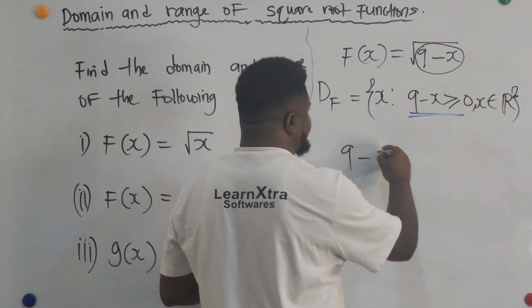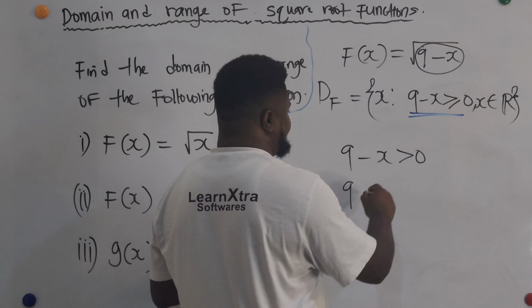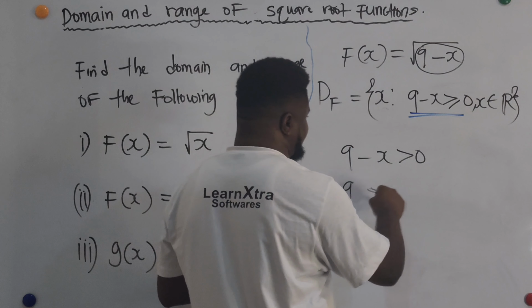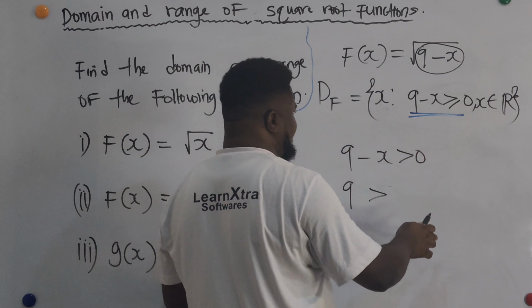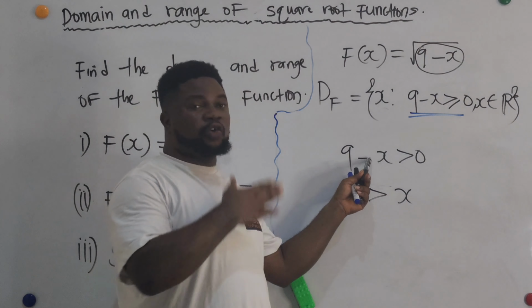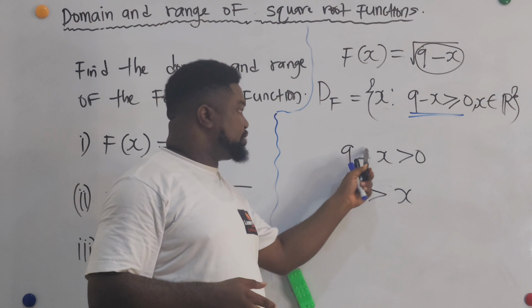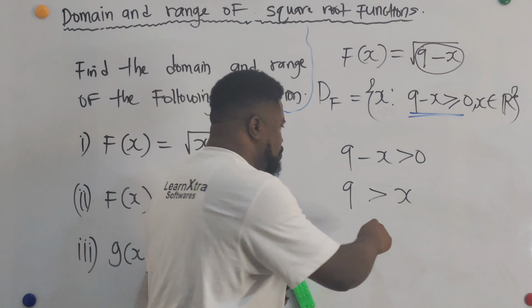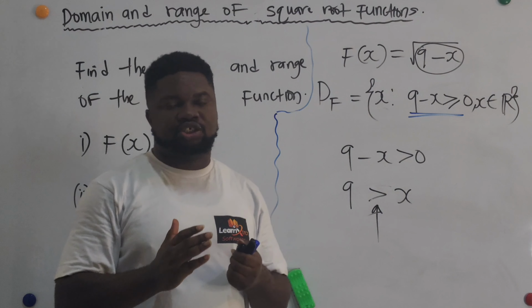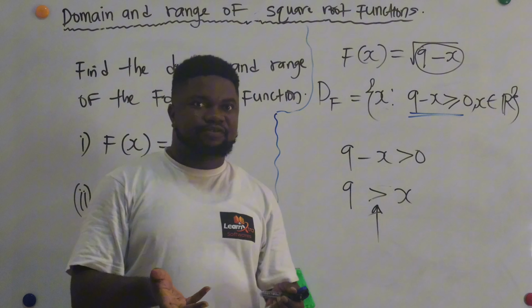9 minus x being bigger than or equal to 0. When I solve this, 9 is bigger than minus x, and going over, I'll have positive x. When minus x goes over, the inequality sign will not change. Take note, it will only change when you divide or multiply by a negative number.